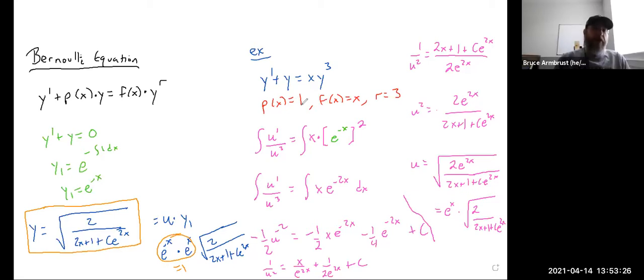I just saw that coming, which is like when we got over here, I thought that that was going to be useful. So that's why I pulled it out. If you don't see that, that's totally fine. If you had written your answer as e to the minus x times this thing that we had on the second to last step, I would be totally okay with that. These are just things that hopefully by now you're starting to spot, ways that you can simplify, because if we can, we want to, right?